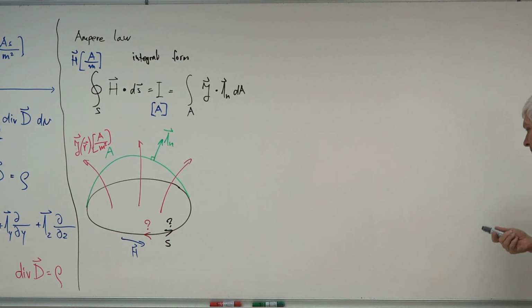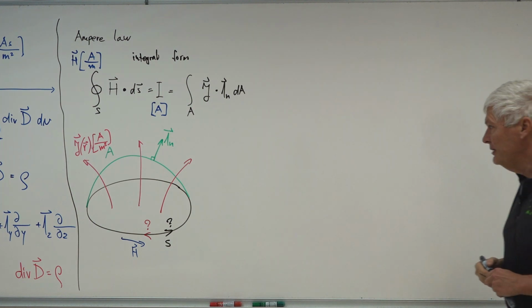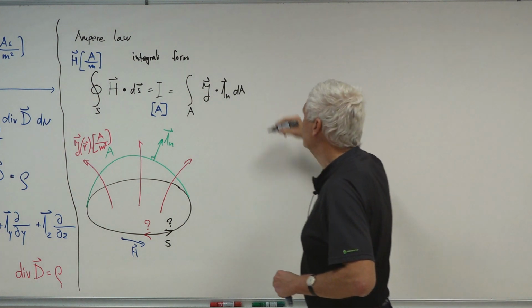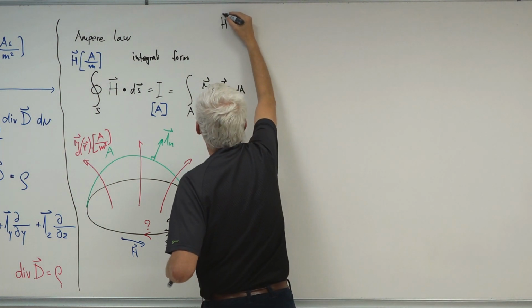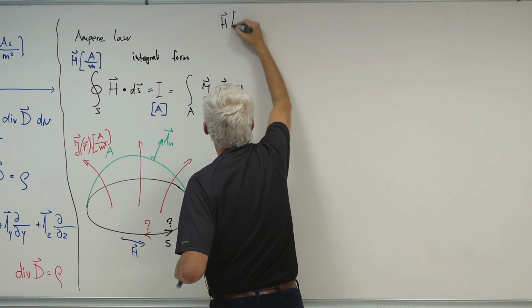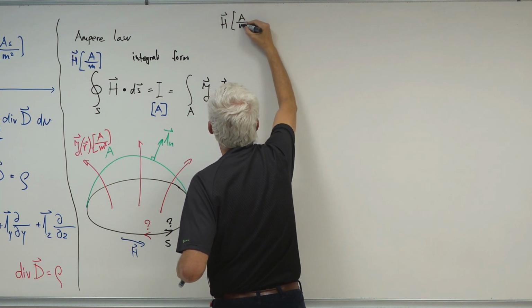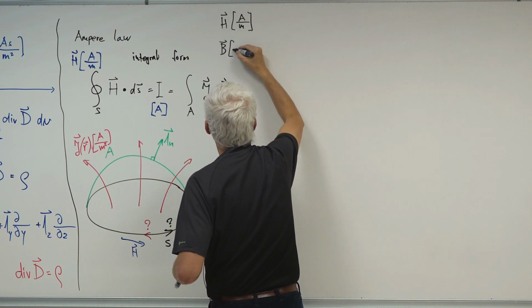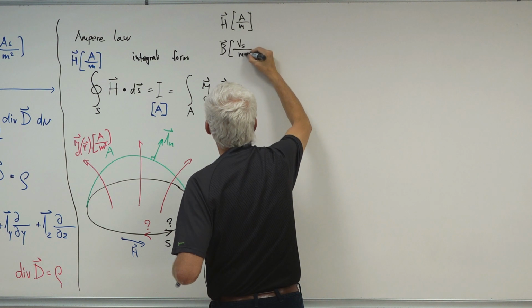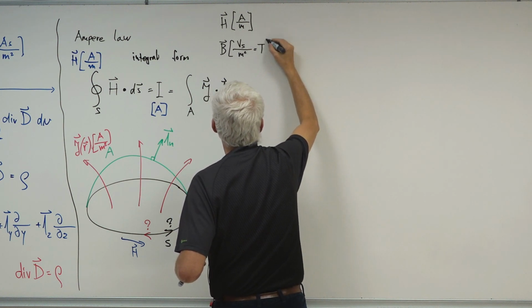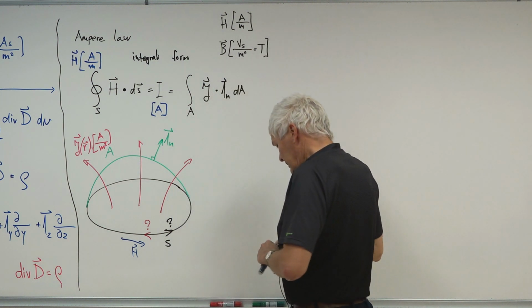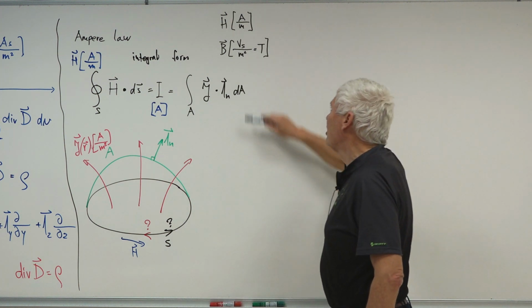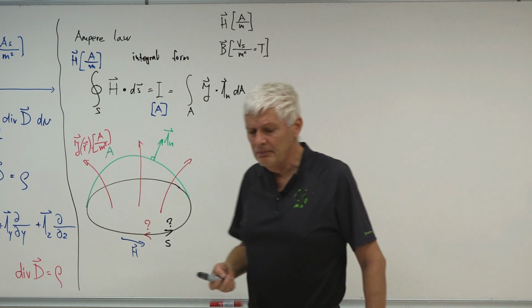We also have a problem with English literature. You know that with the magnetic field we have two fields. We have field H, which has units amps per meter, and we also have field B, which has units volt seconds per meter squared, or tesla. The literature calls both of them magnetic field.